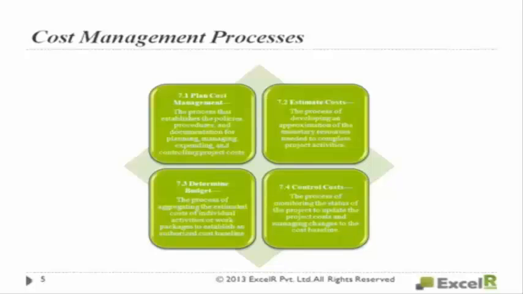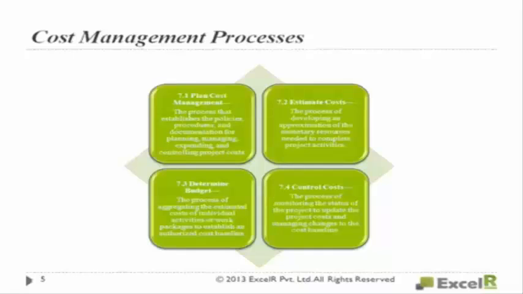And the second one is estimate cost. Once you do the plan, at each activity or work package level, you do the estimation. Activity 1, how much it costs, or work package 1, how much it costs. Activity 2, how much it costs. So you do the approximation of the monetary resources, the money required to do an activity.